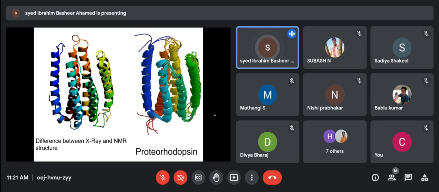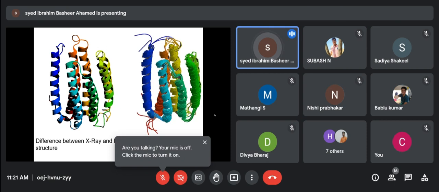That you can do in NMR spectroscopy. So NMR spectroscopy comes second in importance in experimentally solving the structure of the macromolecules.